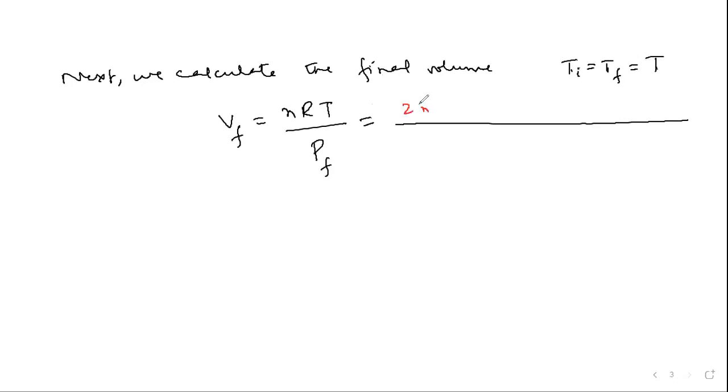n is 2 mole. Then we have R, 8.314 into 10 raised power minus 2 liter bar per mole per Kelvin.